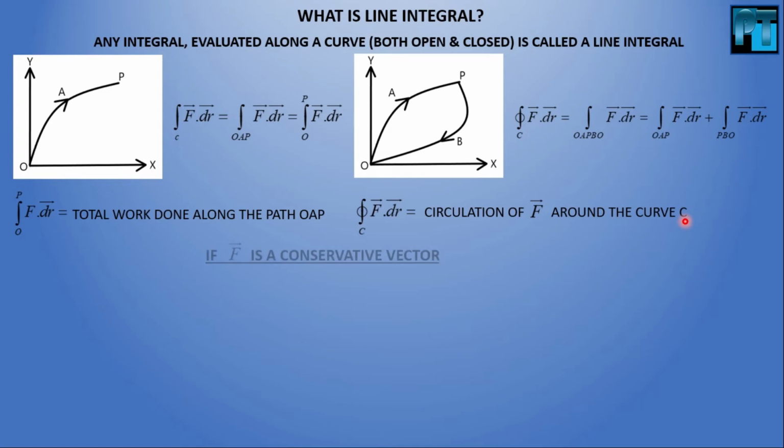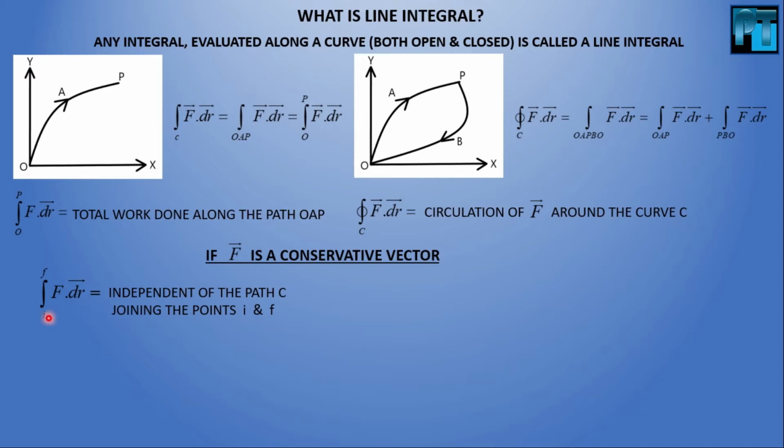Now, what if f is a conservative vector? In that case, the integral from I to f of f dot dr, again the vector sign is missing, sorry for that, will be independent of the path joining the points I to f.